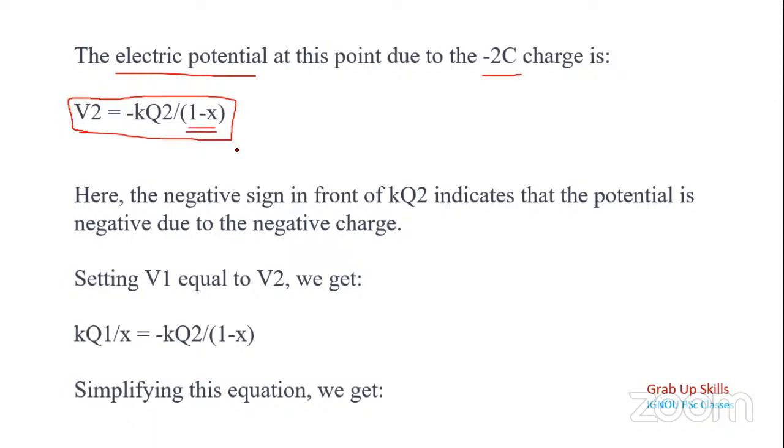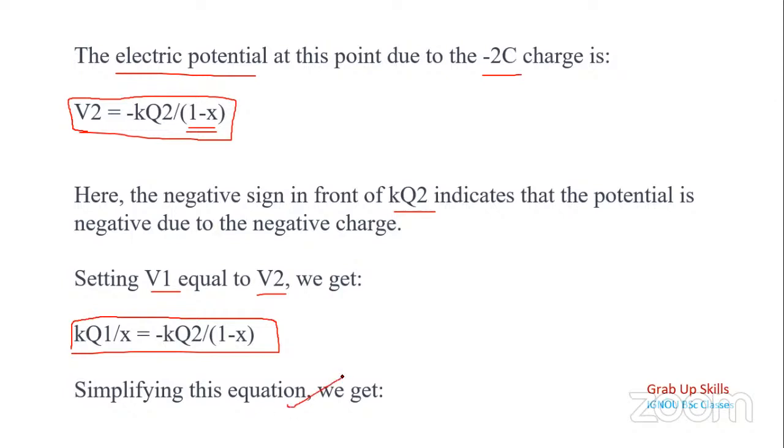The negative sign in front of kQ2 indicates that the potential is negative because it is a negative charge. Now we set V1 equal to V2, so k q1 divided by x is equal to minus k q2 divided by 1 minus x.